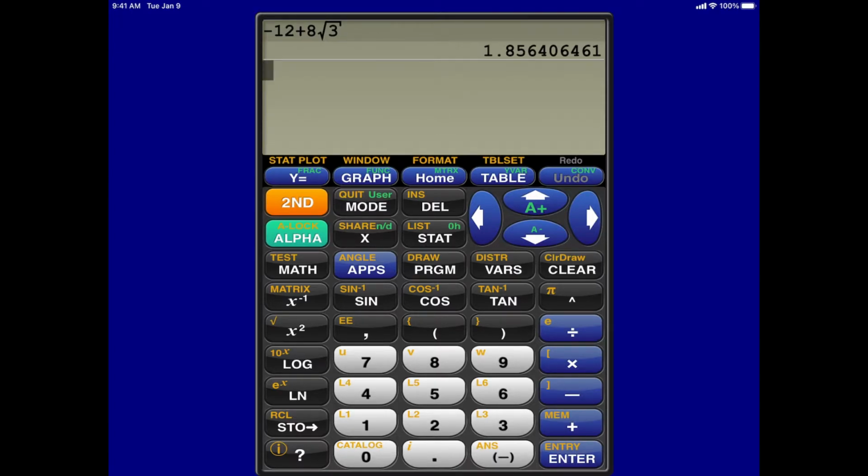1.86 is fine. Remember our shortcut: just press second enter and change that one to a minus. Now that one's going to be a subtraction sign. See the difference? Now I got negative 25.86.